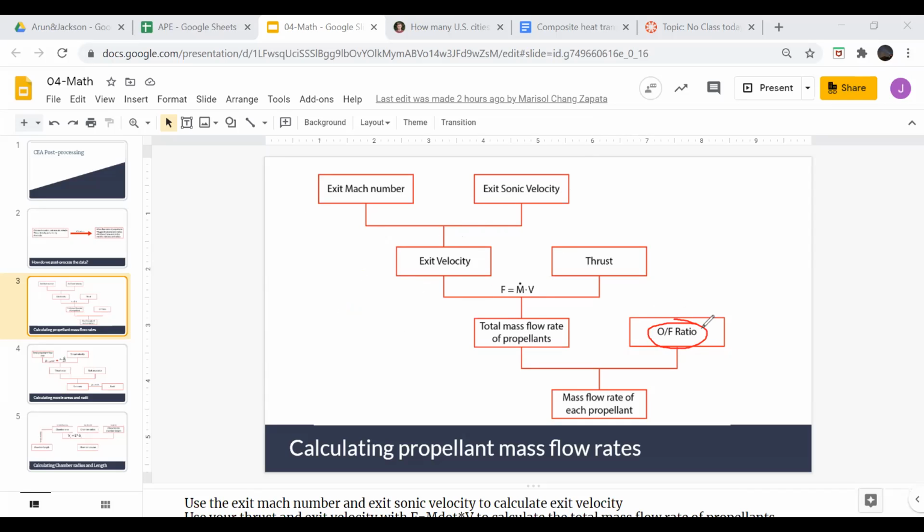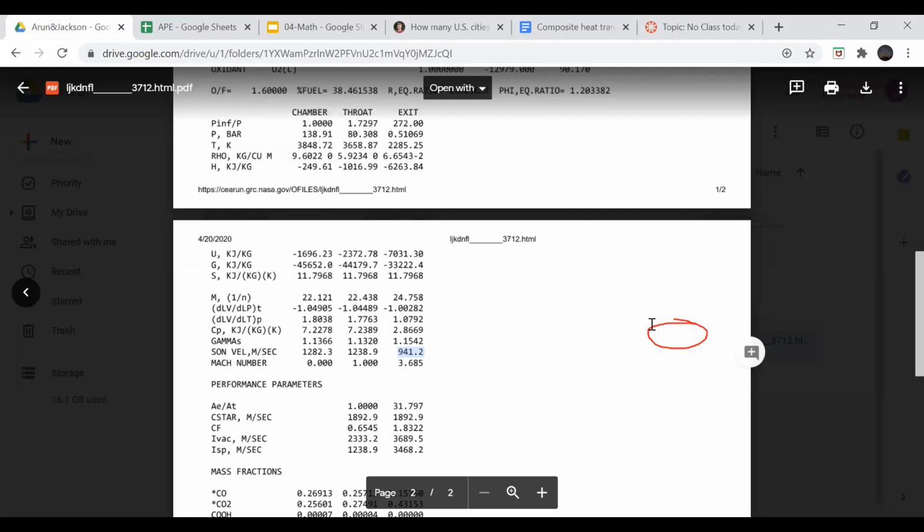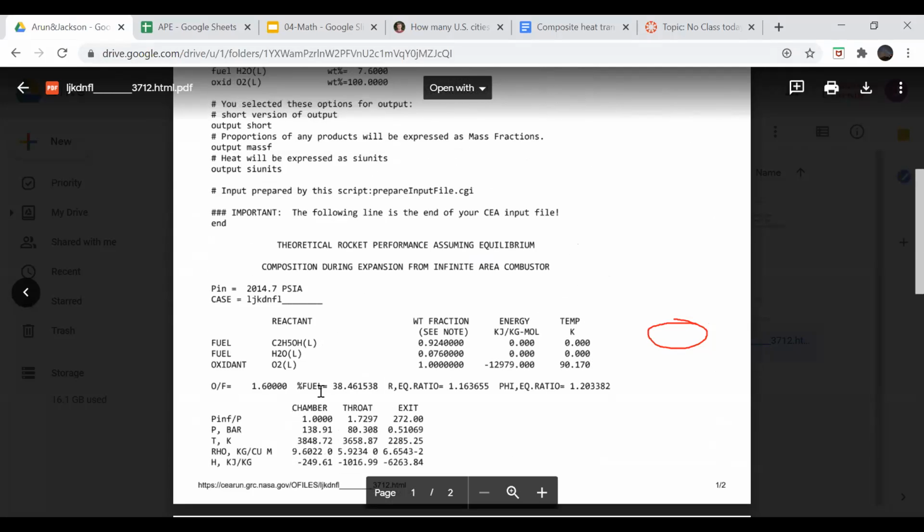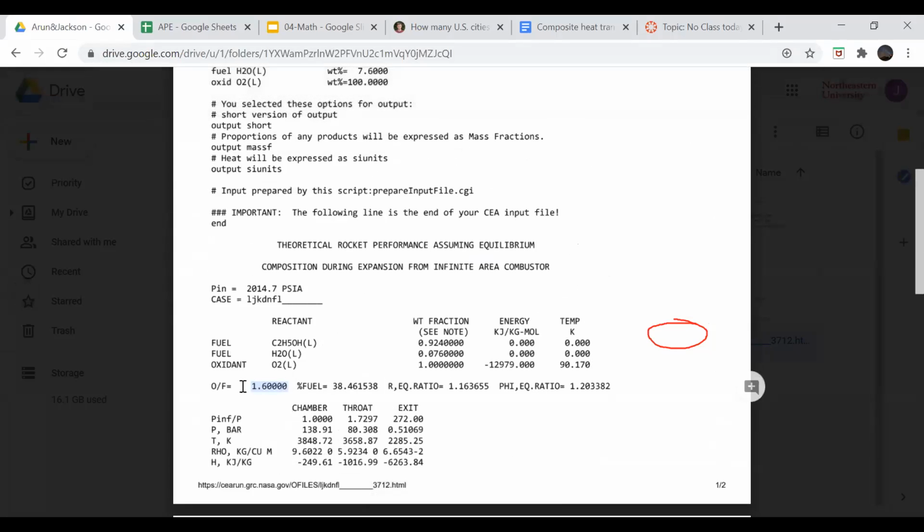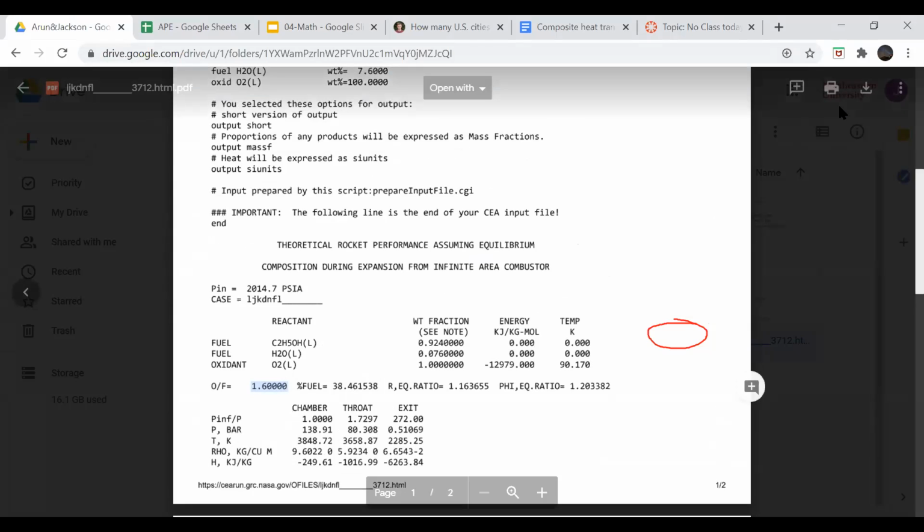And this is the ratio of mass flow of oxidizer to the mass flow of fuel, in mass. So if I go back to the CEA, cool. Let's see what our OF ratio is: 1.6.